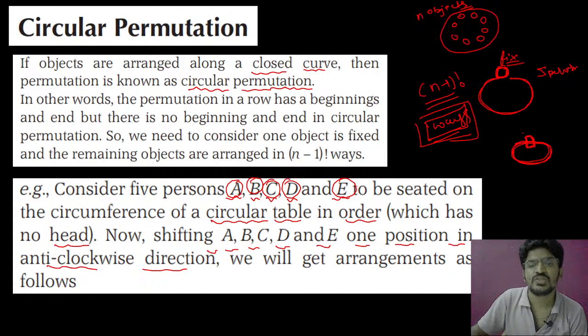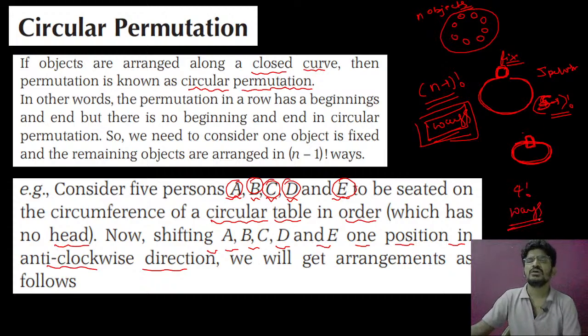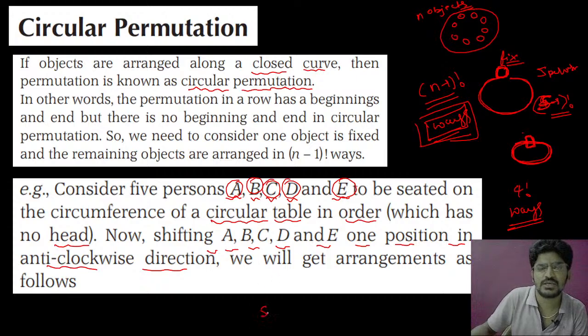So the remaining people can be arranged in 5 minus 1 factorial ways. That means 4 factorial ways to make these persons sit.